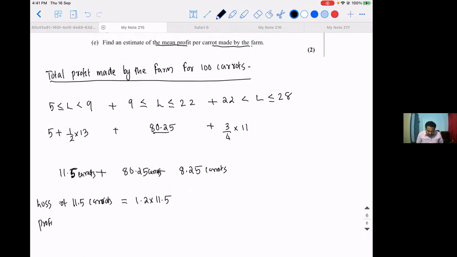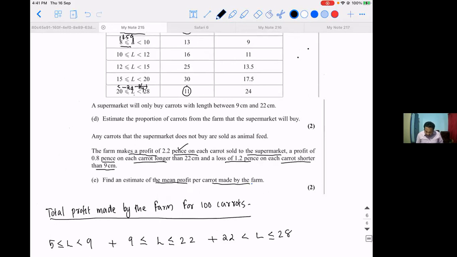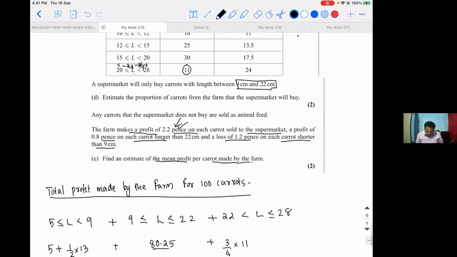Then the profit for 80.25 carrots, because the supermarket will buy carrots from 9 to 22, and those carrots will get 2.2 pence.